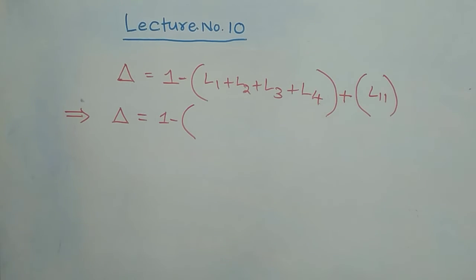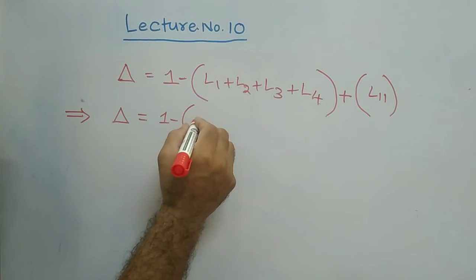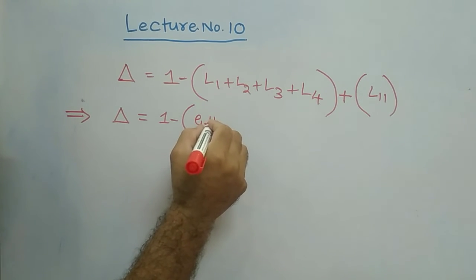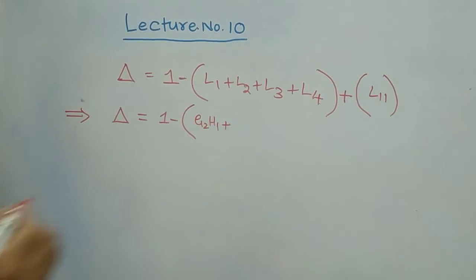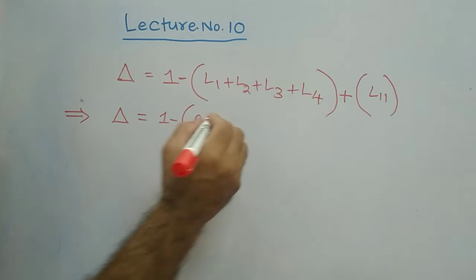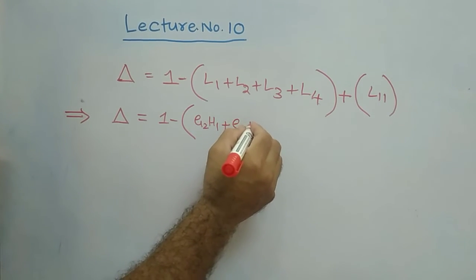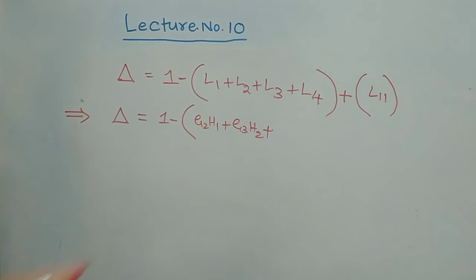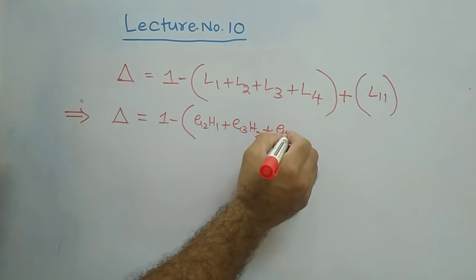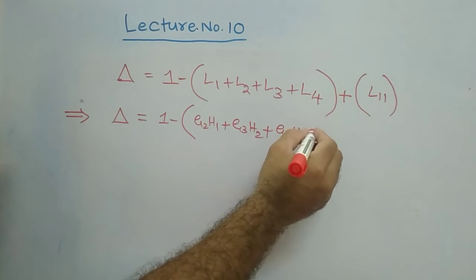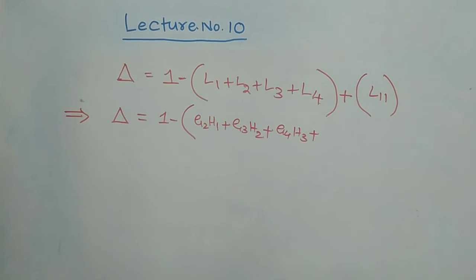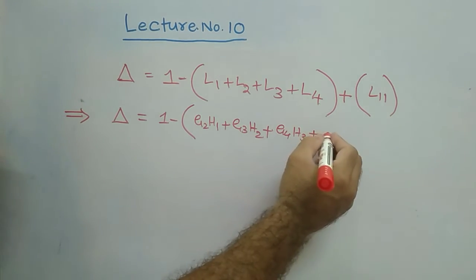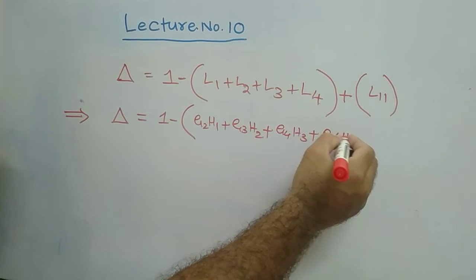What is L1? What is L2? What is L3? L1 is G2H1, plus L2, which is G3H2. What is L3? G4H3. What is L4? G6H2H3.